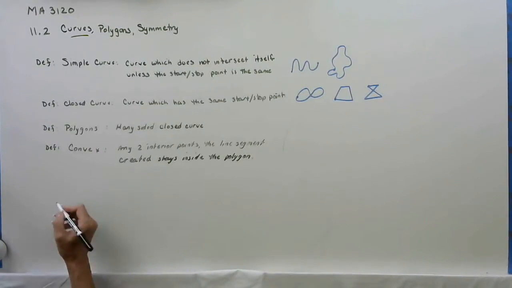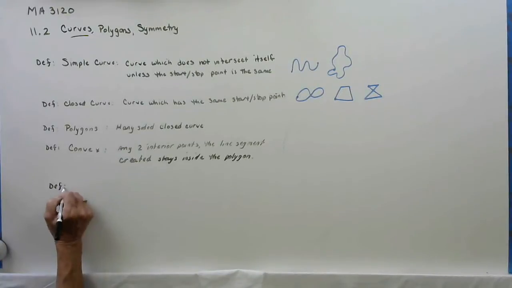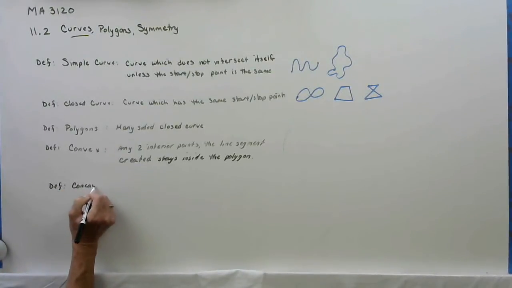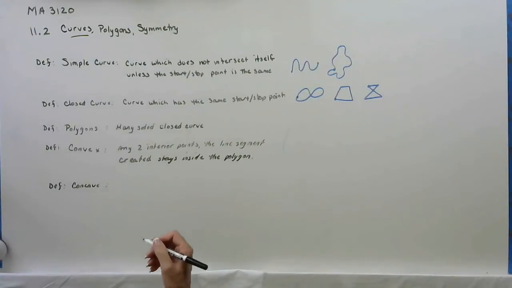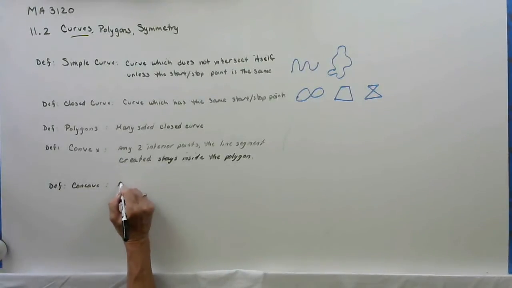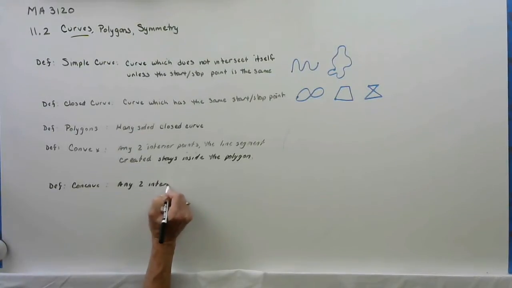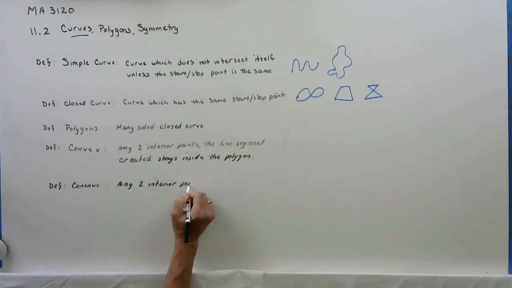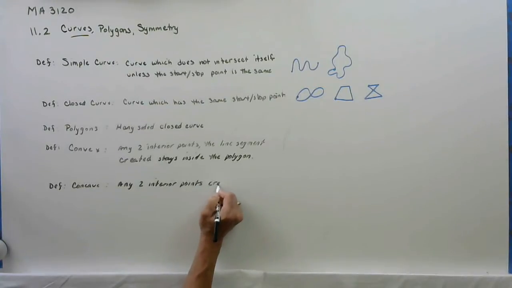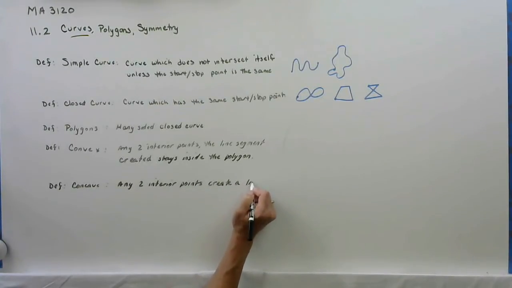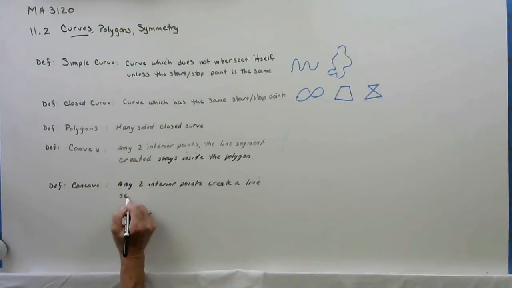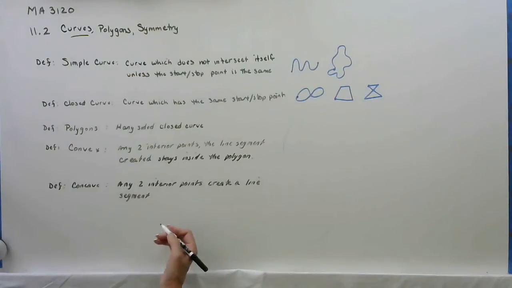Now, if it's concave, if I take 2 interior points, the line segment may not stay within the polygon. Any 2 interior points create a line segment which does not stay on the interior.